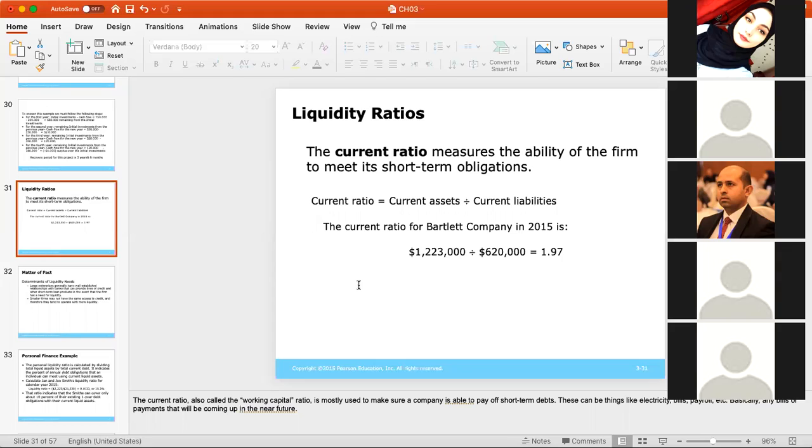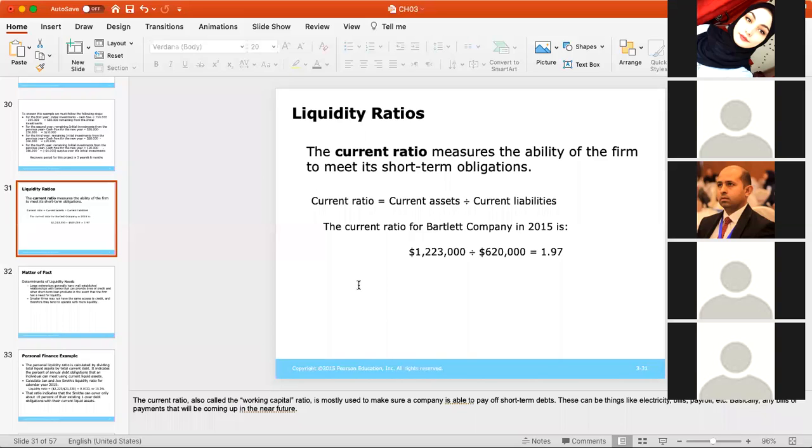So what do we mean now by the current ratio? Again, it measures the ability of a firm to meet its short-term obligations. How can we meet our short-term obligations? Of course, by cash, but not only cash. We have liquid assets. So we are going to include all liquid assets, which appear on the balance sheet as the current assets. We divide the current assets over the current liabilities.